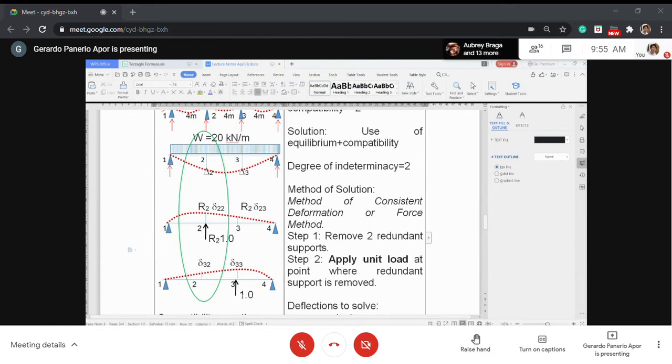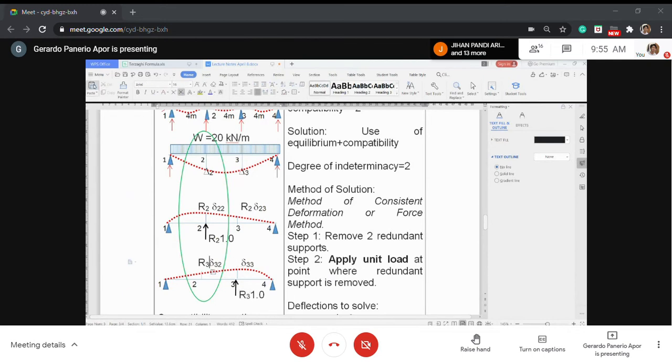How about this one? If I will multiply this by M, the deflection also will be M times. Even the shear and the moment will be M times the previous one. So if I multiply this by R3, the deflection will increase by R3 times.